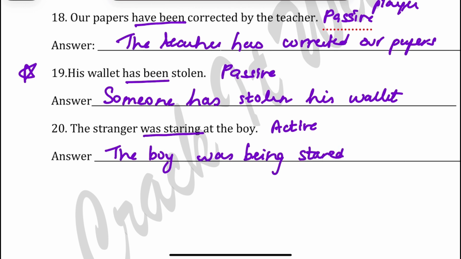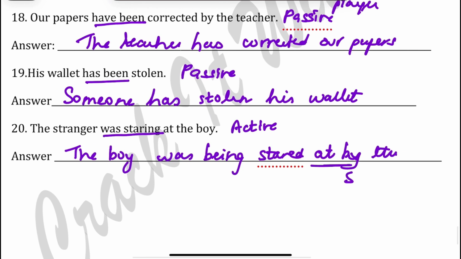Now see, don't write the boy was being stared by the stranger. It doesn't sound correct. I mean, it is not correct. The boy was being stared at by the stranger. How can we write at and by together? You can write. The last one is a good one, guys. The boy was being stared at by the stranger.